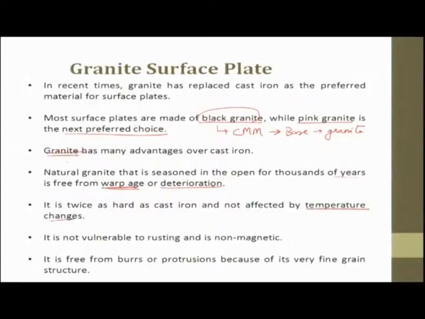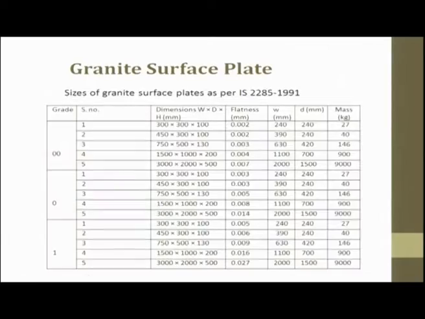Granite has its own advantage as compared to cast iron, and cast iron is sometimes vulnerable to rusting. Here there is no rusting and no magnetic field influence, and it is free from burr or protrusion because very fine grain structures are there. So, this is very much used, very popular, and today people have started using granite as compared to cast iron.